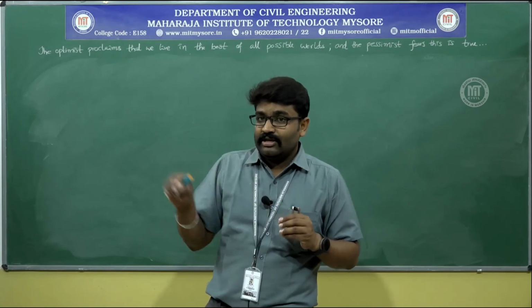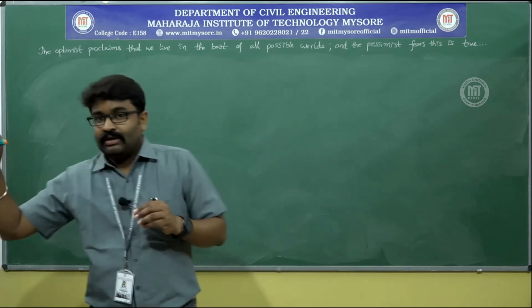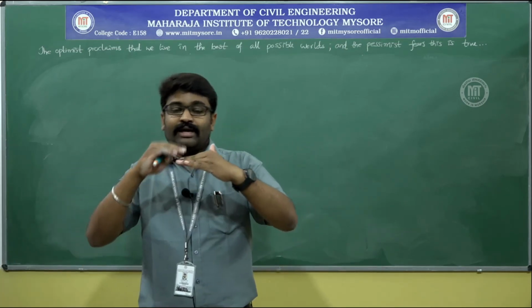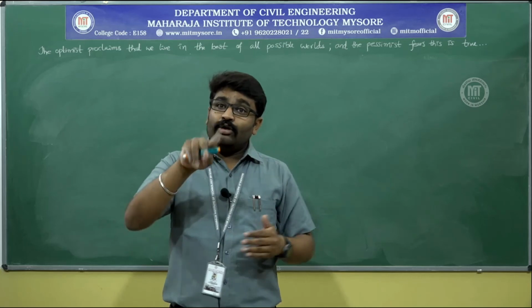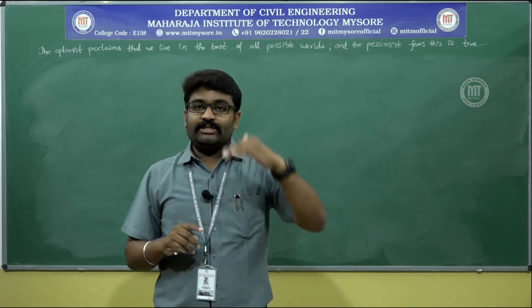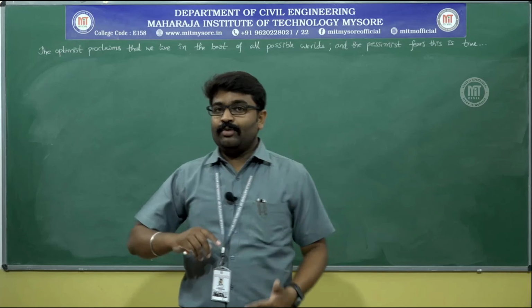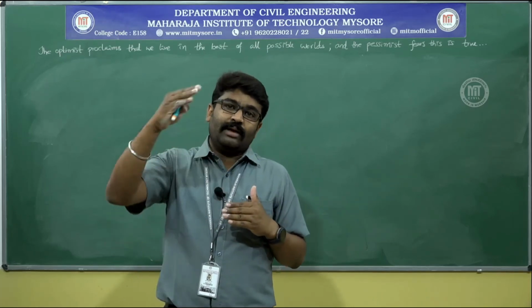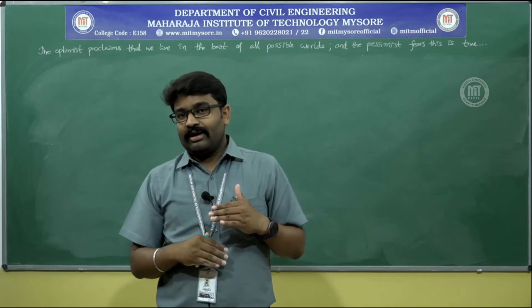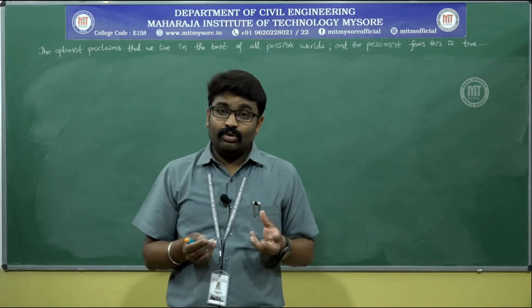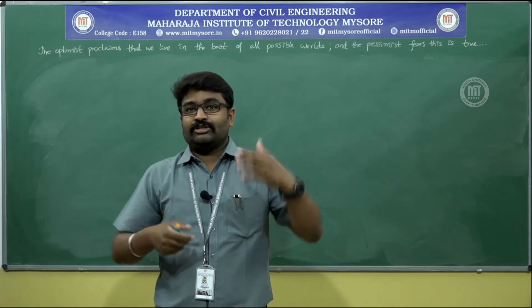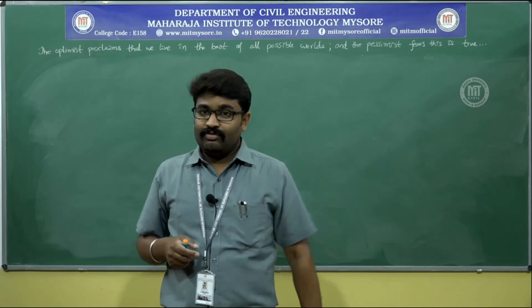Now, what does the continuation say? The difference from previous problems is that on either side of the plate you have two different liquids. That means mu1 on the upper side and mu2 on the lower side. Obviously the force required to pull it on the upper side is F1, and the pull required on the lower side is F2. The total force required has to be F1 plus F2.